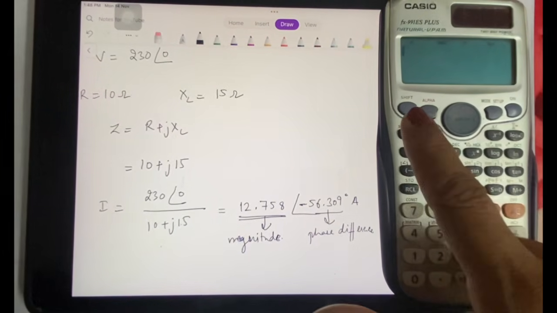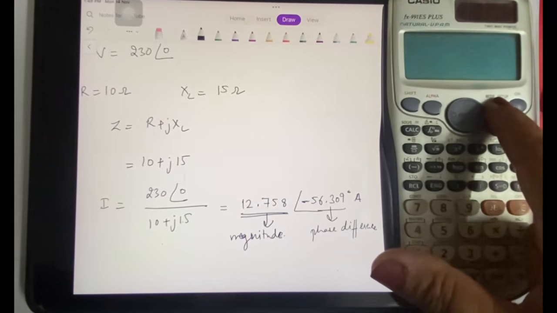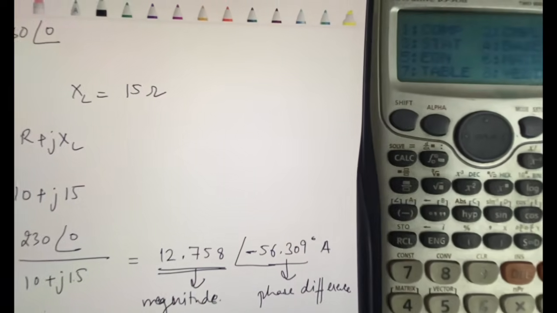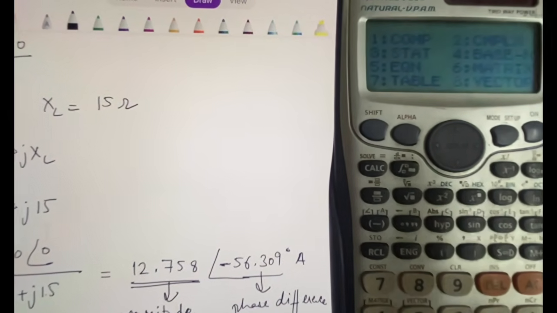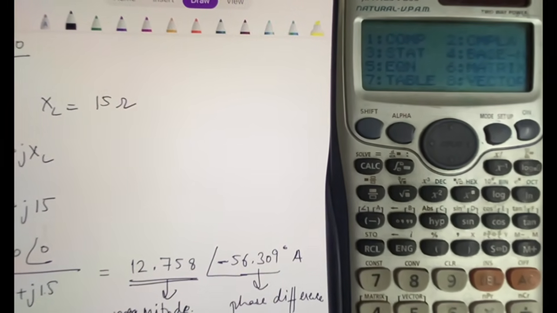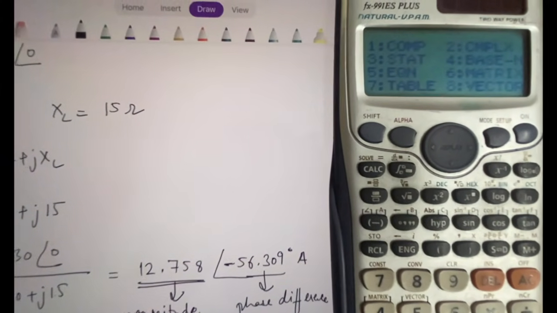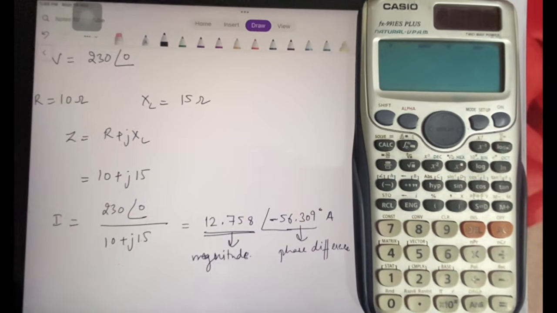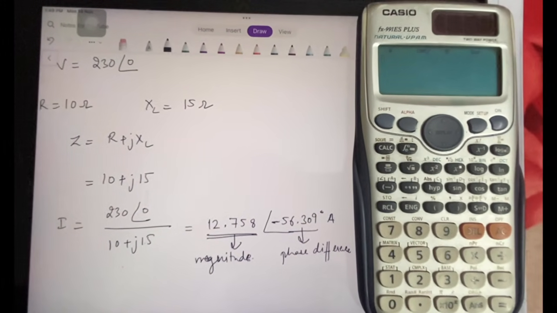For this I have to select the mode from setup. Now you can see that we have different types of modes available over here, and CMPLX is available at the second option, so I have to press 2. When I press 2, now the complex mode is selected.